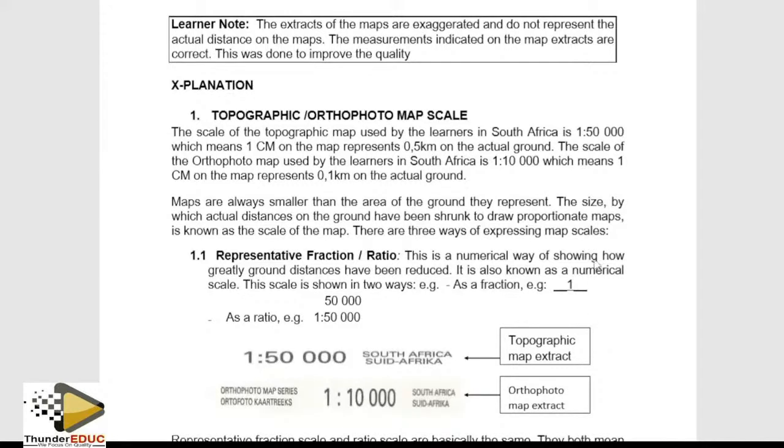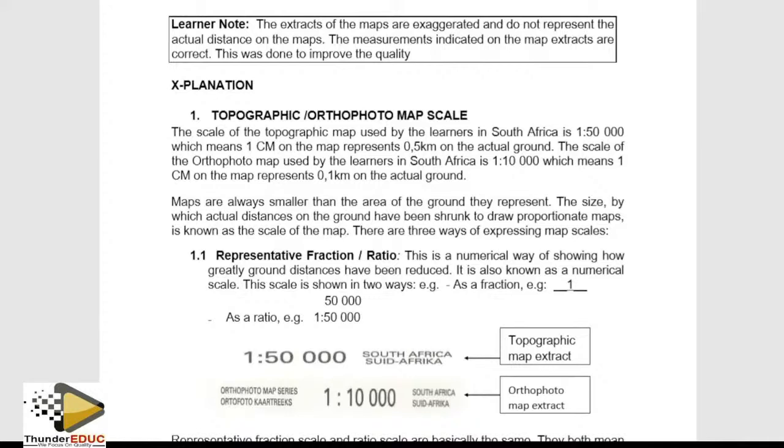Maps are always smaller than the area of the ground they represent. This is obvious, because if the map had the actual length, the way it is on the ground, you would not be in a position to represent it on the paper.